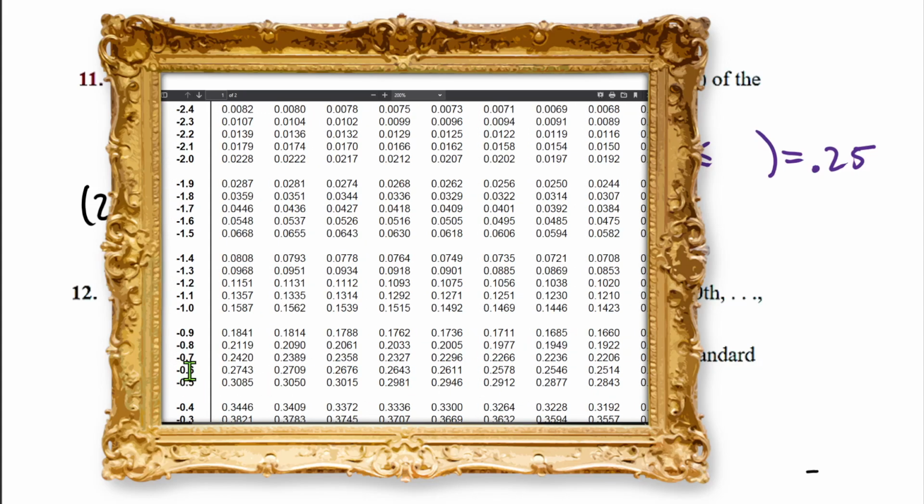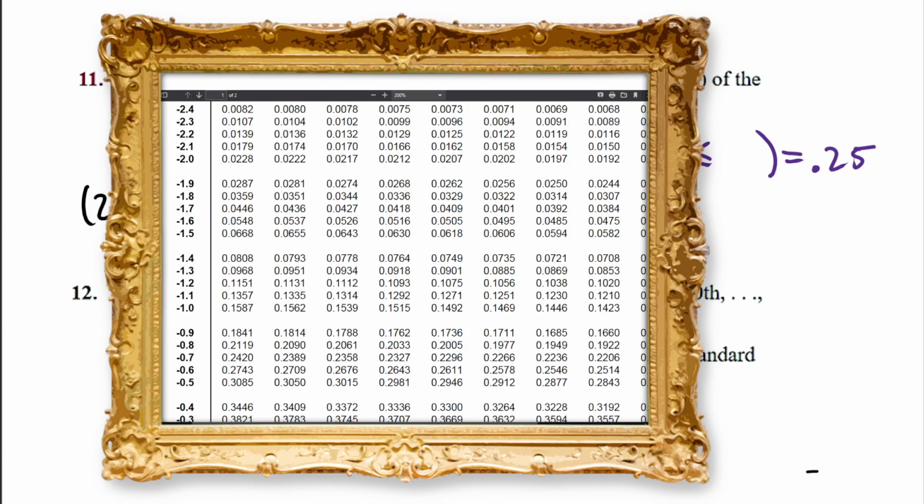Negative 0.6, and then 60, 61, 62, 63, 64, 65. So right between 64 and 65. Which one is closer? This one is actually a little closer if you look at the thousandths and the ten-thousandths place carefully.